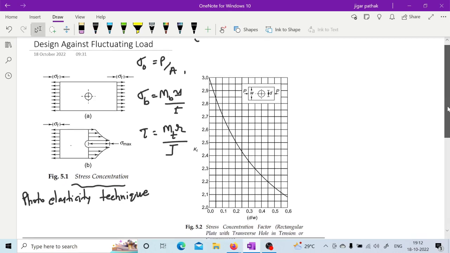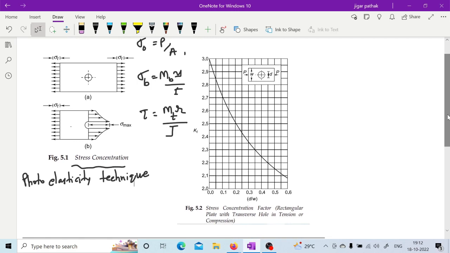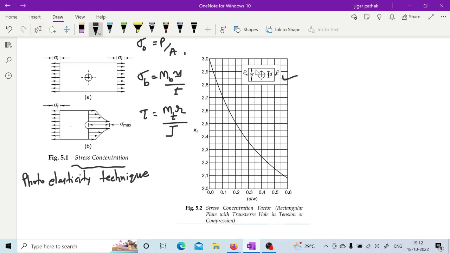As you can see, this figure shows the stress concentration factor against the d by w ratio of this particular component. Again here you can see this is a plate with a hole. They have plotted the stress concentration factor as the d by w ratio changes.